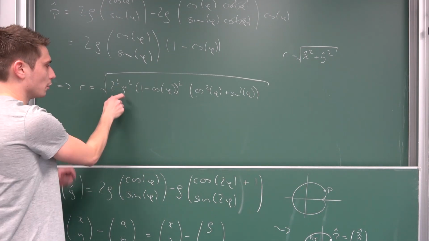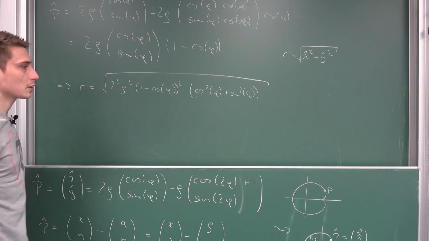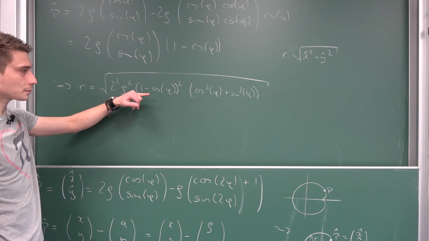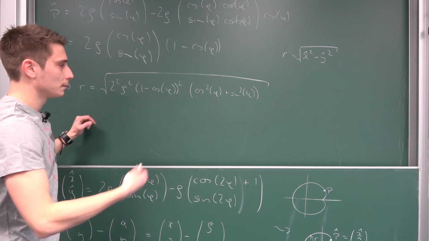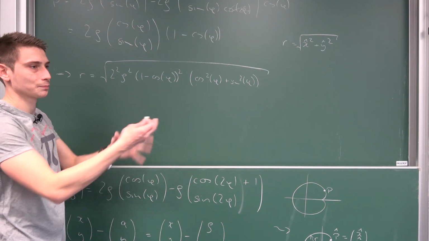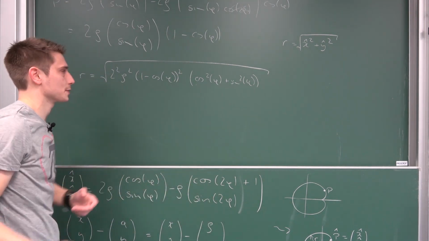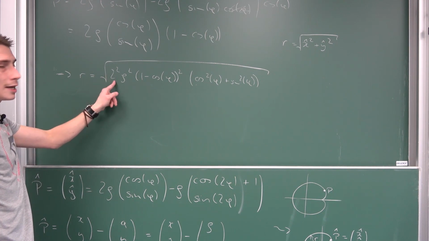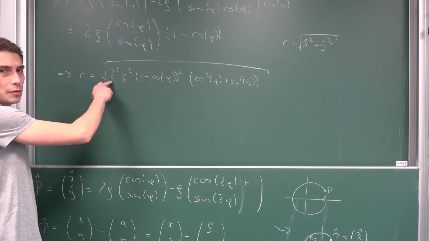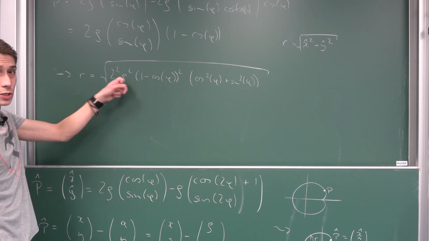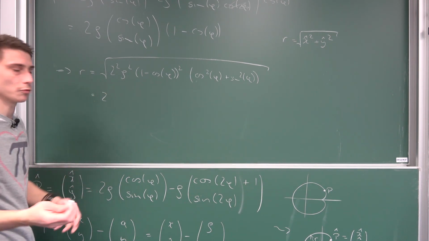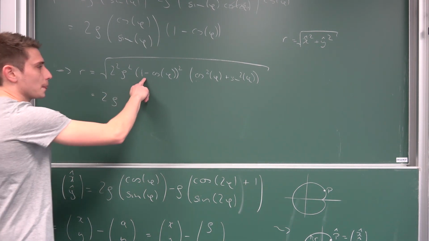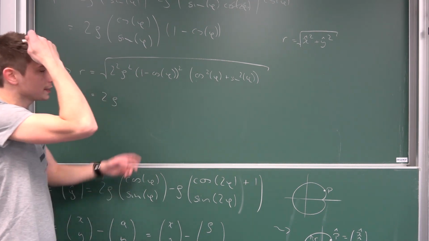If we take the square root of this chunk right here, we are going to end up with something in absolute values. I'm terribly sorry. If you take the square root of something squared, it's the absolute value of that thing. Okay, 2 is positive, meaning the square root of 2 squared is nothing but 2. Rho is positive all the time, meaning the absolute value of rho is going to be rho. 1 minus cosine of phi, okay?